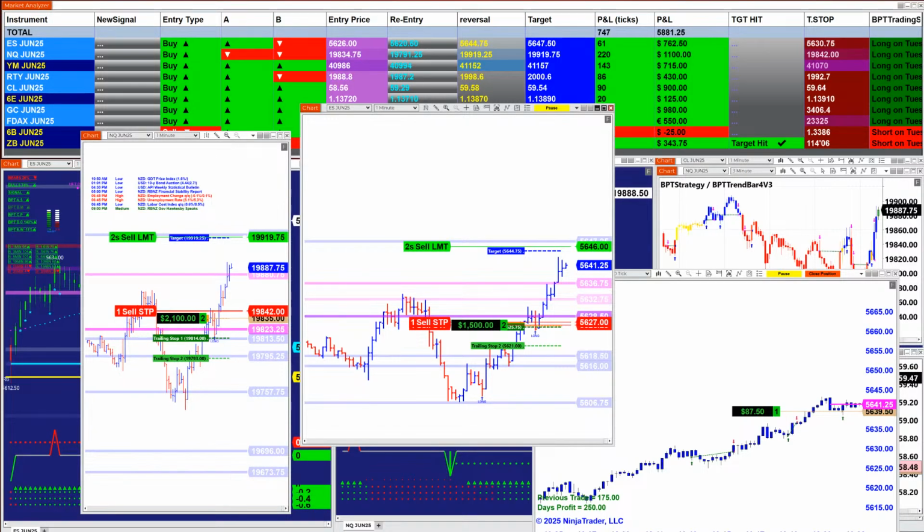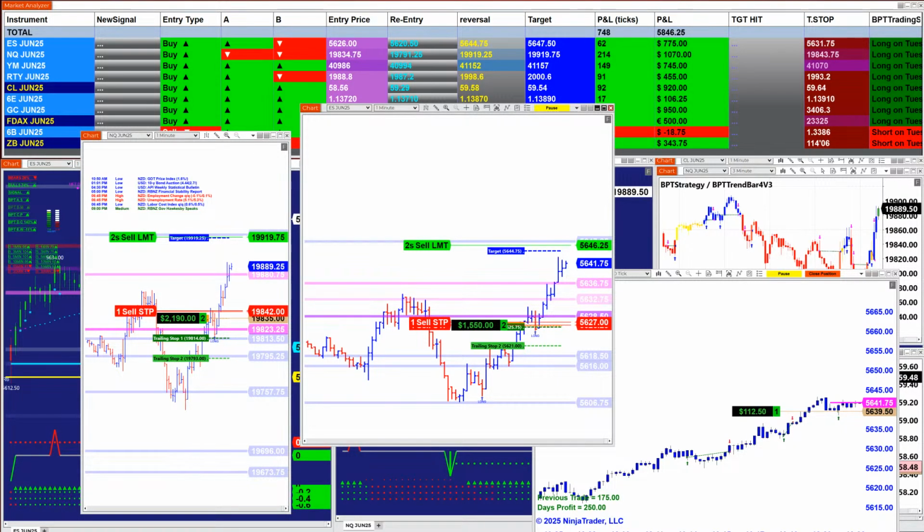Can you see how the auto trade jumped a couple ticks above the target, and now it is 56.46. It added a few ticks by itself. Can you see now the target is extended, it is doing your job, extending the target because it's in your favor.